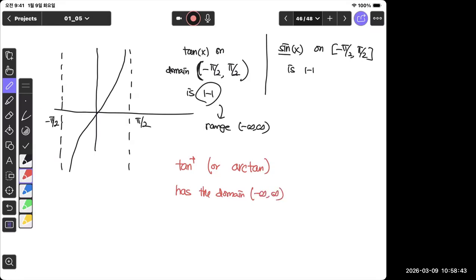That is the range of the original tangent function, and its range will be the domain of the tangent function, which is minus half pi to half pi, without including the endpoints. So we can think of the inverse of sine, cosine, or tangent if we restrict the domain of those functions properly.